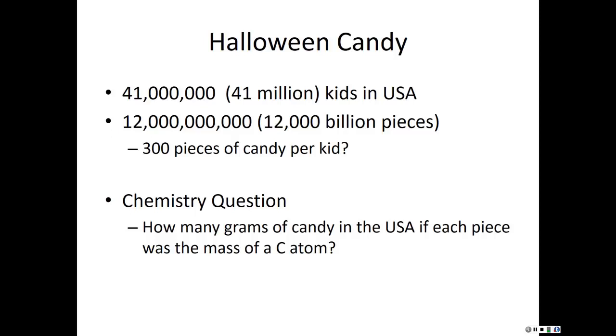Mole cancels. 1.4 times 6.02 times 10 to the 23rd equals 8.4 times 10 to the 23rd. Does that agree with what you got? I said no, but I understand now. Okay, good.